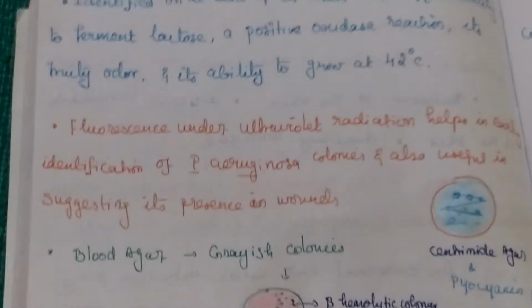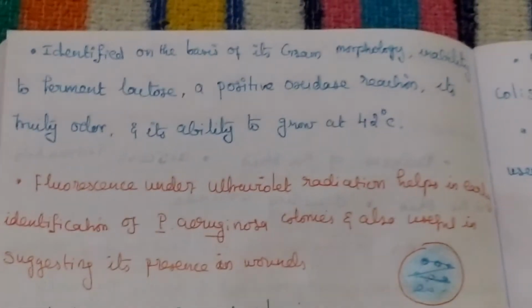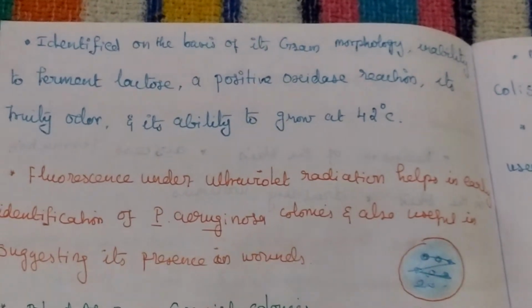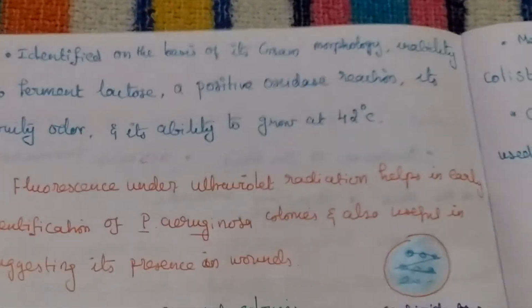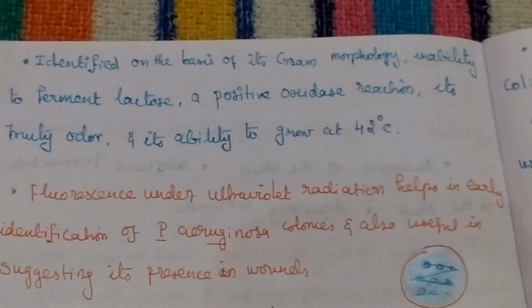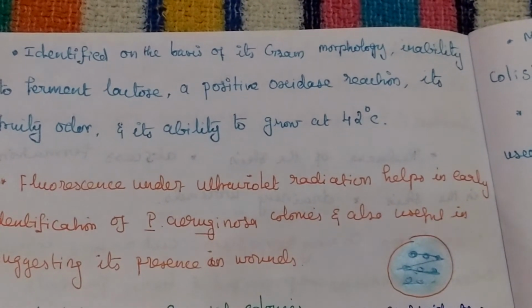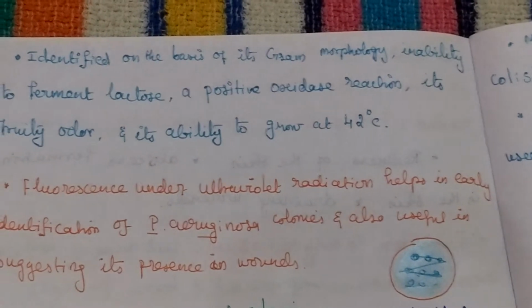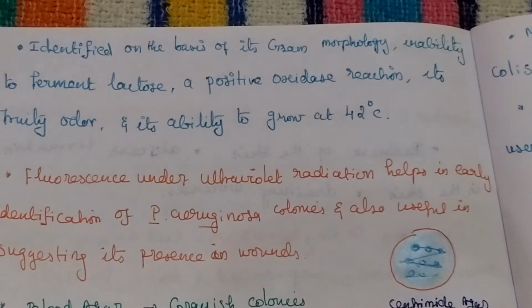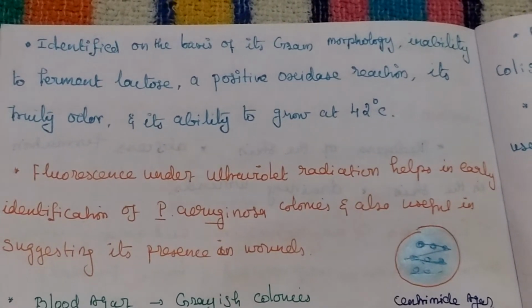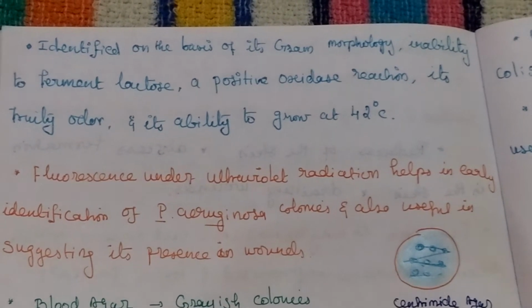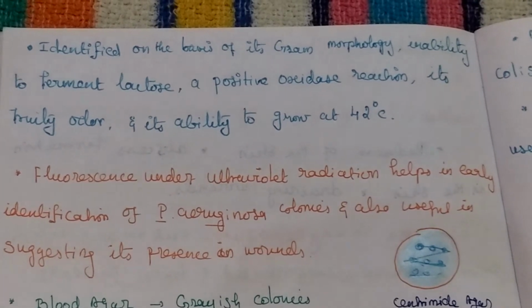Then laboratory diagnosis. Identification is on the basis of Gram morphology, Gram staining, inability to ferment lactose, so colorless colonies, positive oxidase reaction, a fruity odor, and the ability to grow at 42 degrees Celsius.